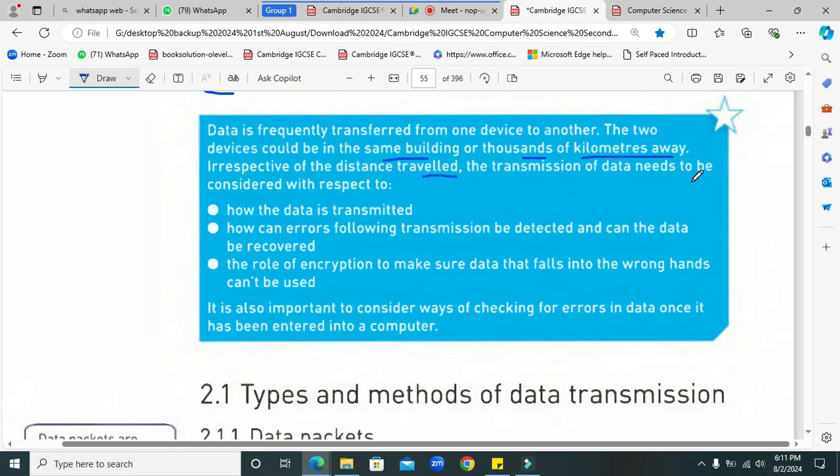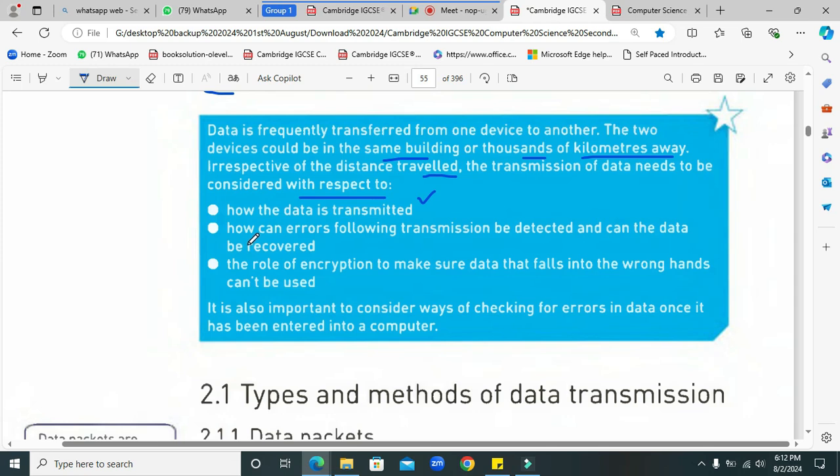The transmission of data needs to be considered with respect to how the data is transmitted. Yes, how we are transmitting data. We are using the Google Meet app, and with the help of laptops, desktops, mobile phones, tablets, we are transmitting data.